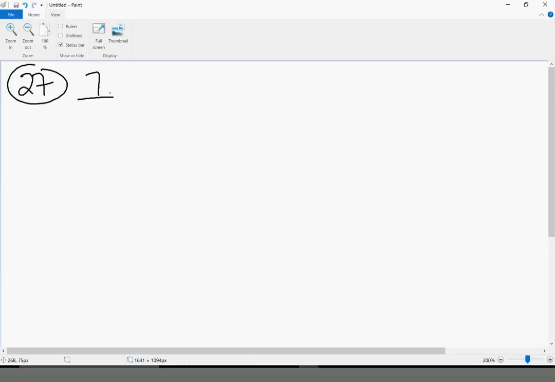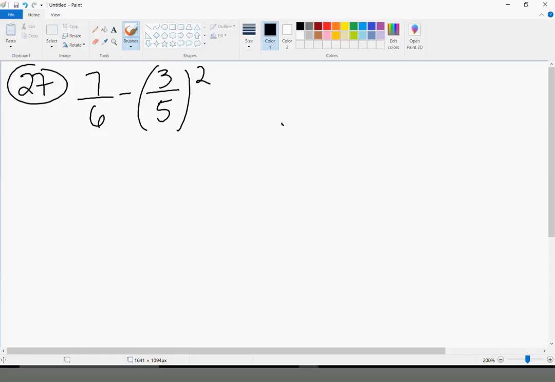Okay, 27. 7 over 6 minus 3 over 5 squared. Okay, so we want to follow order of operations. So we're going to deal with our exponent first.